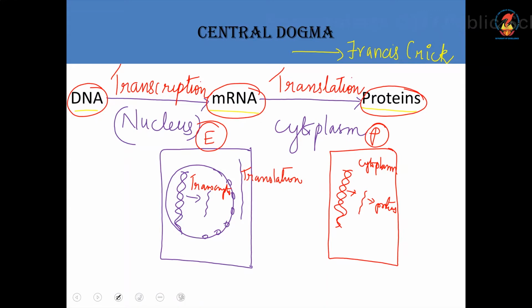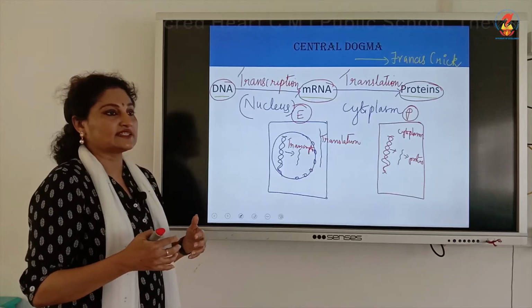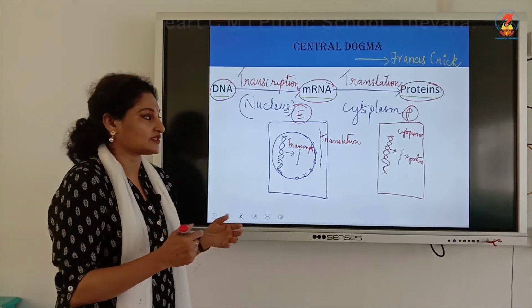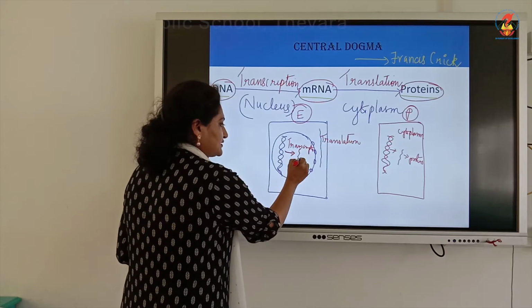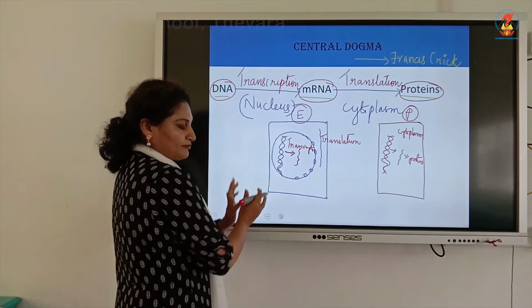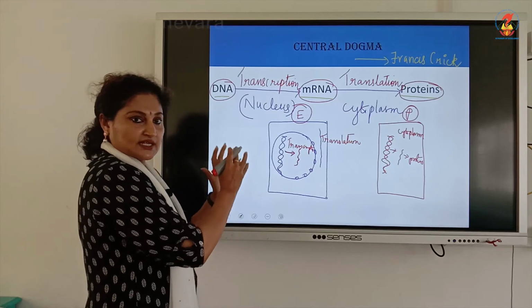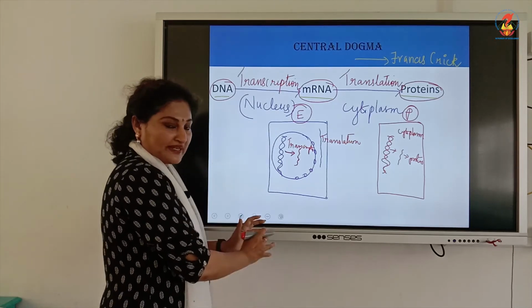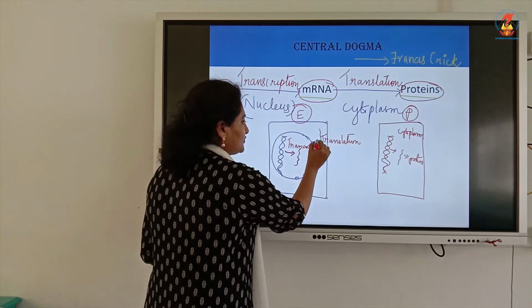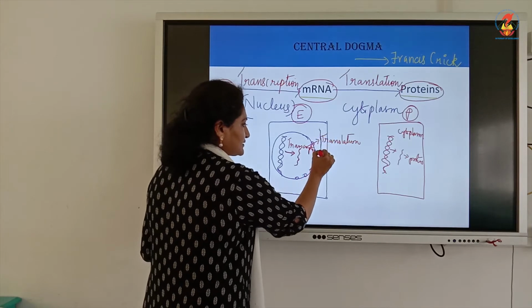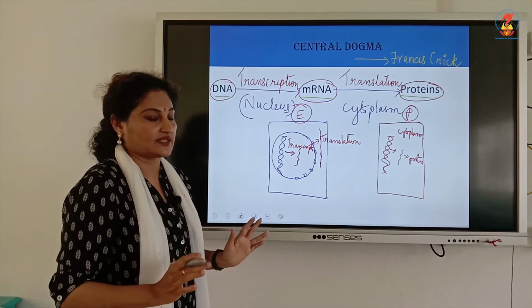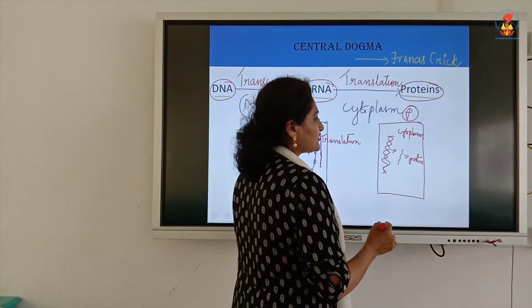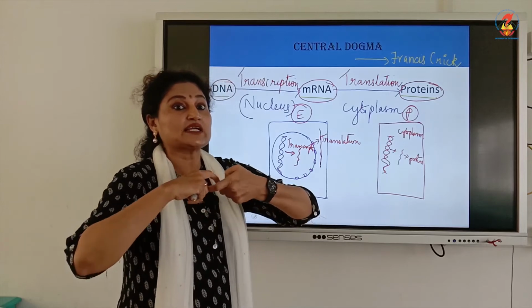Another difference I can highlight is that in eukaryotes both transcription and translation occur as separate processes. See, in the nucleus, transcription occurs, that is mRNA is formed. It is a separate process. After this transcription is complete, it comes out through the nuclear pore into the cytoplasm. So, transcription and translation are separate processes, whereas in prokaryotes, transcription and translation can be coupled.